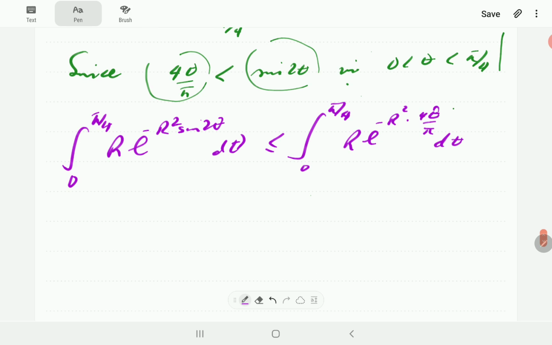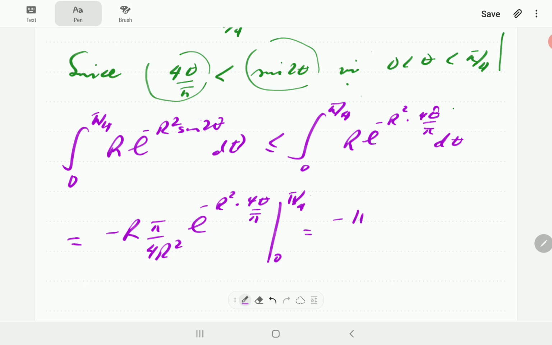So we do that. Its integral is going to be minus r, and be pi over r squared e to the minus r squared for theta over pi. And then we evaluate this between 0 and pi over 4, which is going to give us negative pi over 4r into e to the minus r squared minus 1.